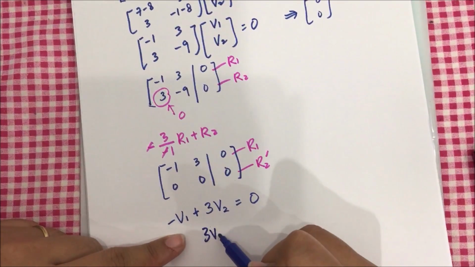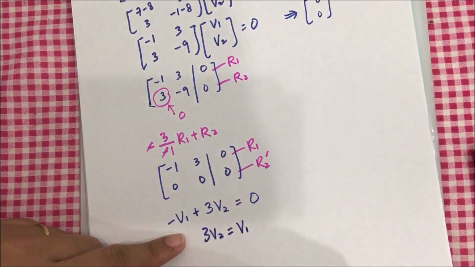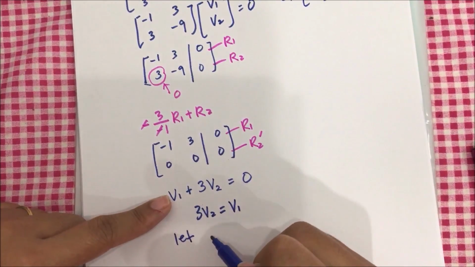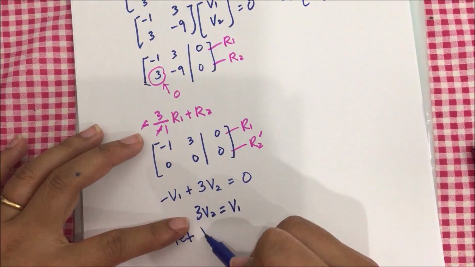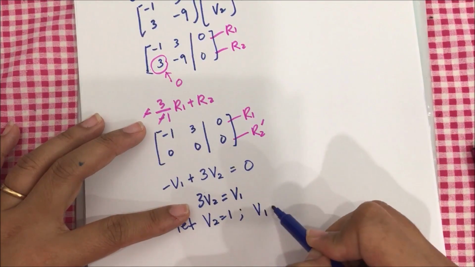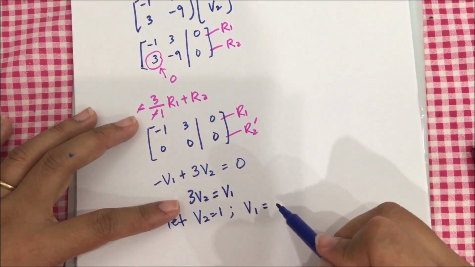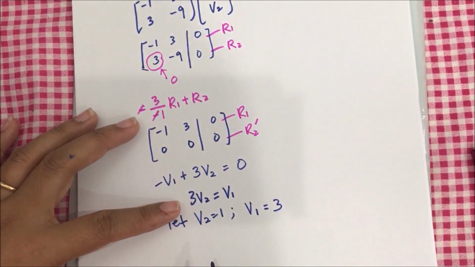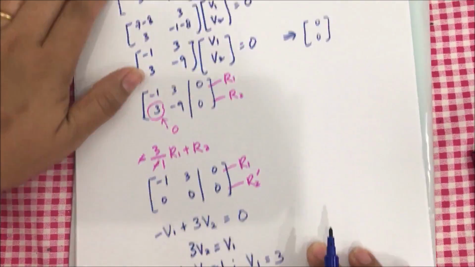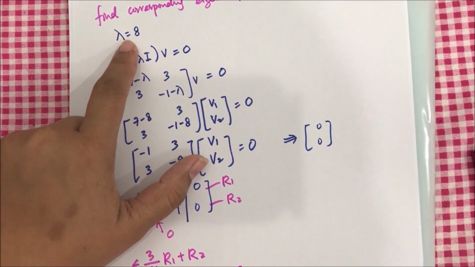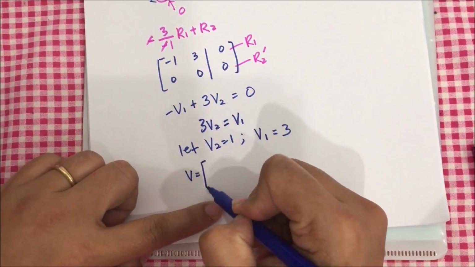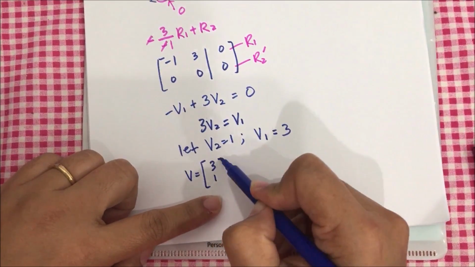So 3 v2 equals v1. Let's say v2 equals 1, so we get v1 equal to 3. So for the eigenvalue of 8 we will have the eigenvector of 3, 1.